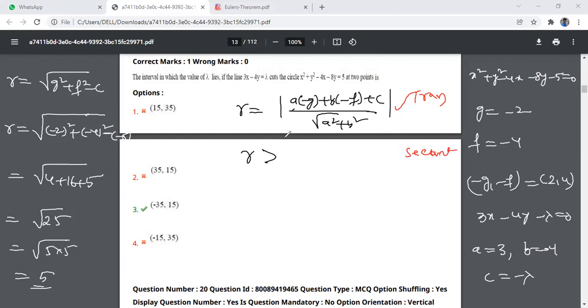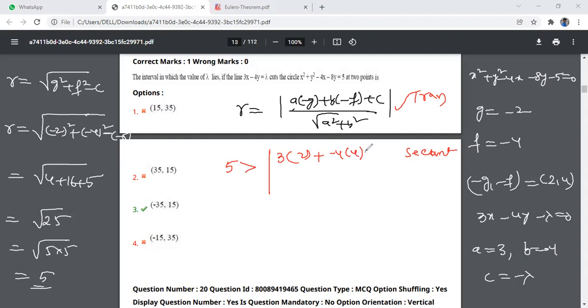I am substituting the values here. R is equal to how much did we get? 5 is greater than. A means how? 3 minus z already 2 plus b means minus 4 minus f means 4 plus c. What is plus c?